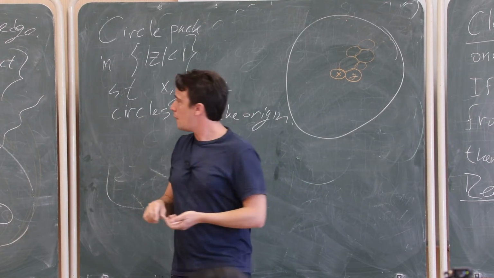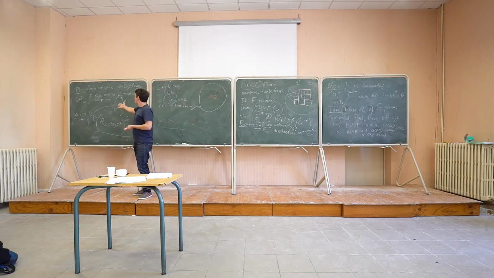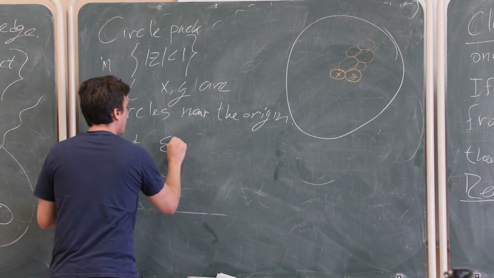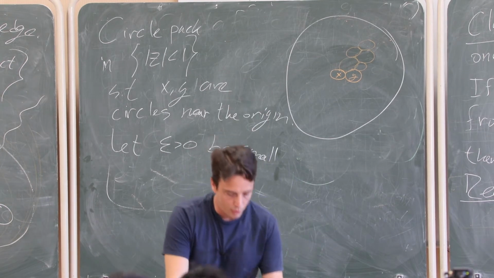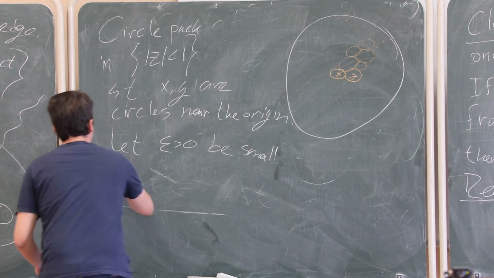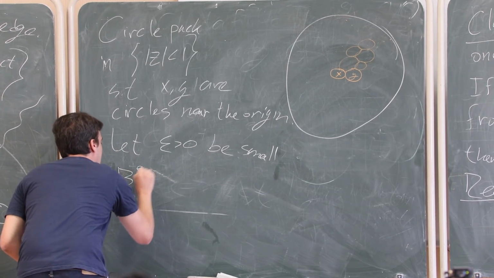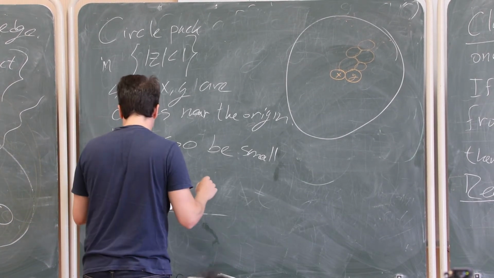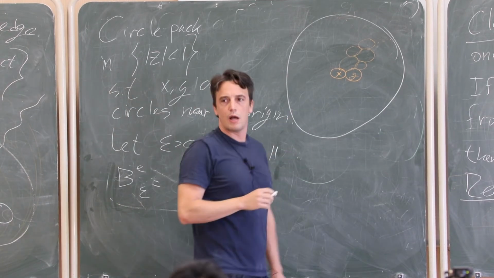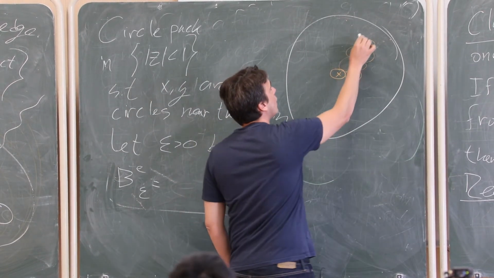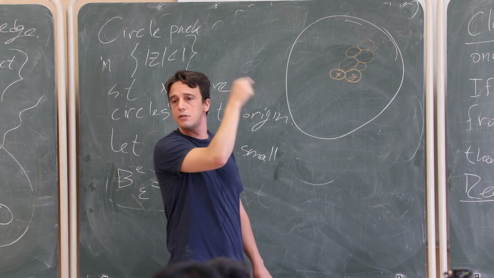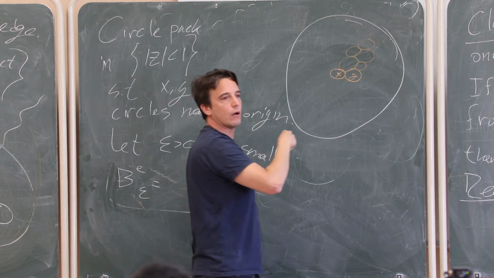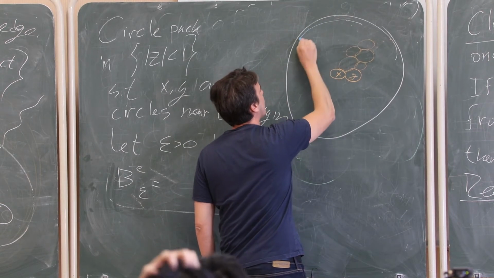And now I am taking an approximation of the event A_E. So let epsilon be small, some small number, and let B_E epsilon be the event that, I fixed an epsilon, and I'm looking at all of the vertices whose circle packing centers are at distance at least epsilon from the boundary.